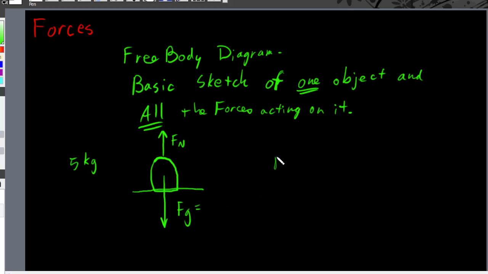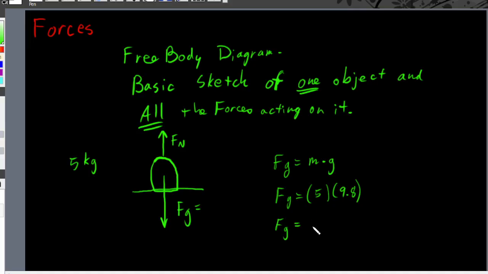Now, Fg, of course, remember, is equal to the mass times the acceleration due to gravity. That is, it's equal to the mass of 5 times the acceleration due to gravity of 9.8. If I do the math on that real quick, anyone know what 5 times 9.8 happens to be?